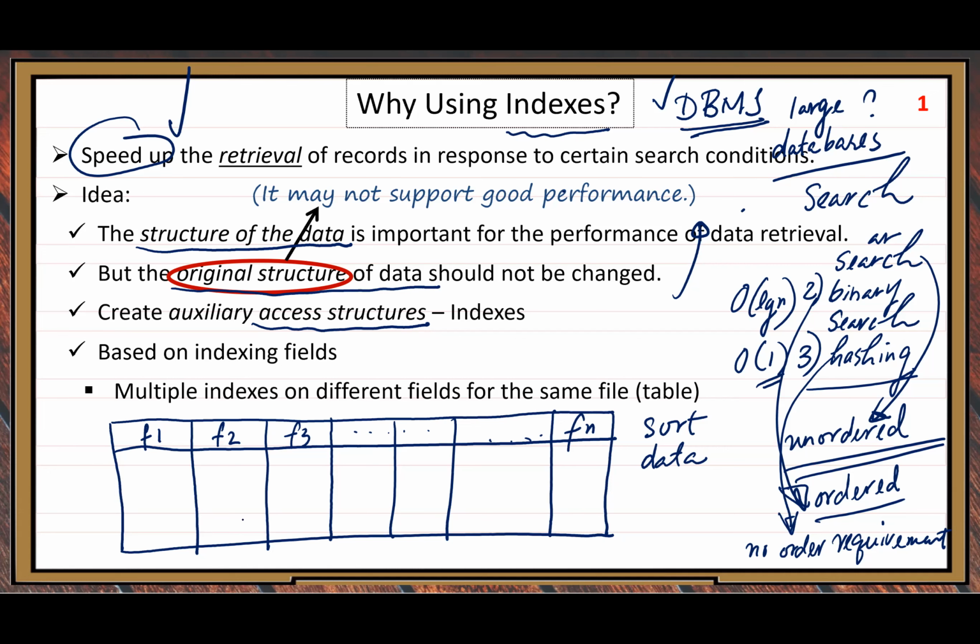So it means if we want to sort our data based on field number 2, we can create index 2. If we want to sort our data based on field number 3, we can create index number 3 and so on. In that way, we can have multiple indexes for one table.